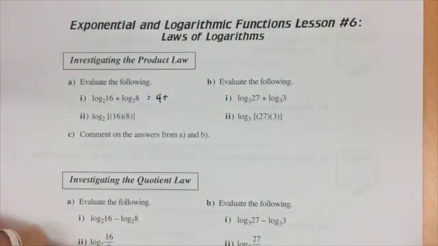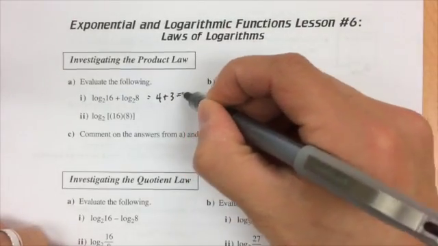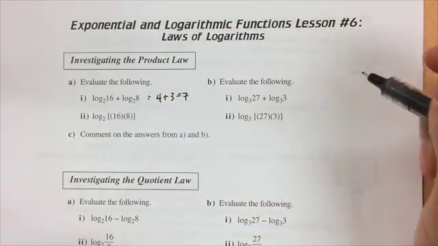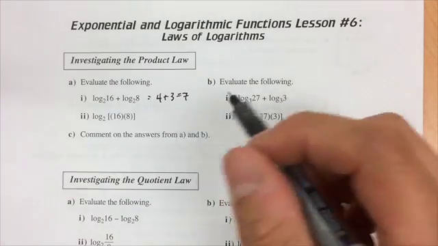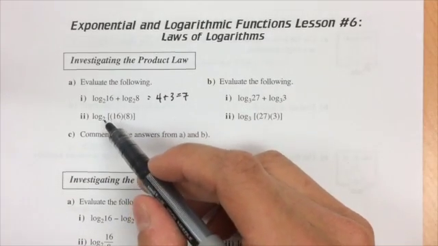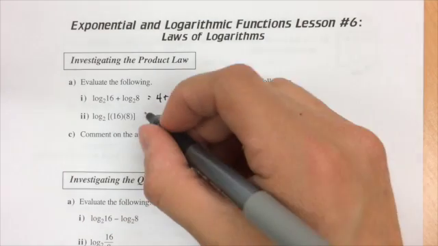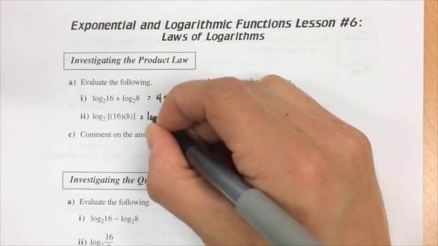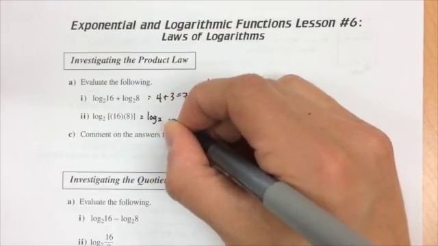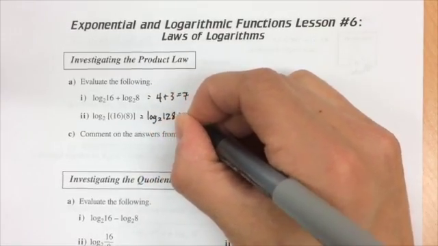I'll get an answer of 3. So I get 4 plus 3, and that is equal to 7. All right, so let's continue. If I have log 2 of 16 times 8, this is the same thing as log 2 of 128.